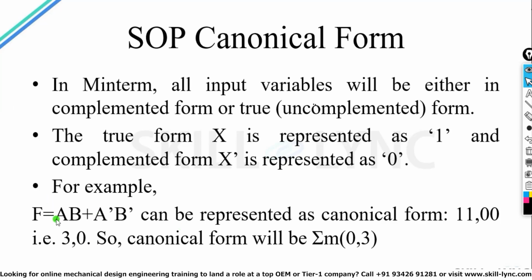Because it is ab, a is 1, b is 1, 1 1, it becomes 3. For a bar b bar, a bar is 0, b bar is 0, so 0 0 means 0. So you can write the canonical form as sigma small m 0, 3. This is the SOP canonical form of the function.